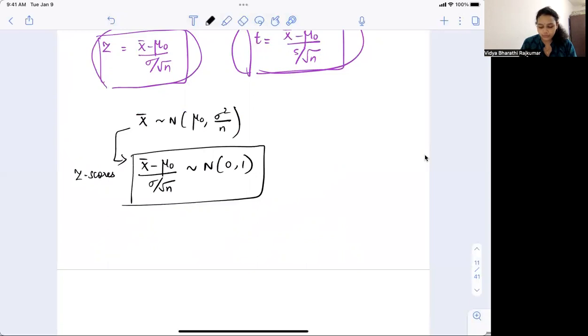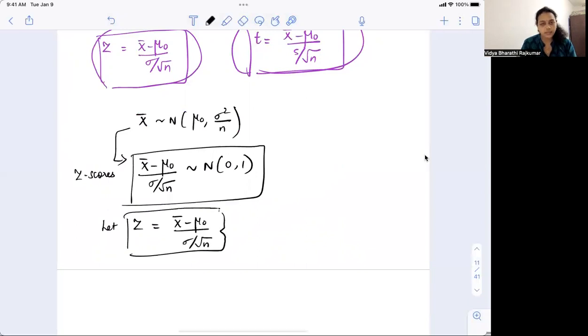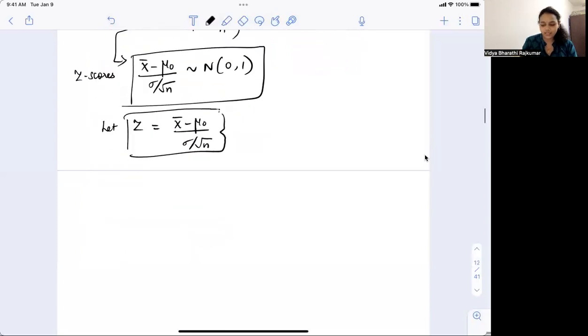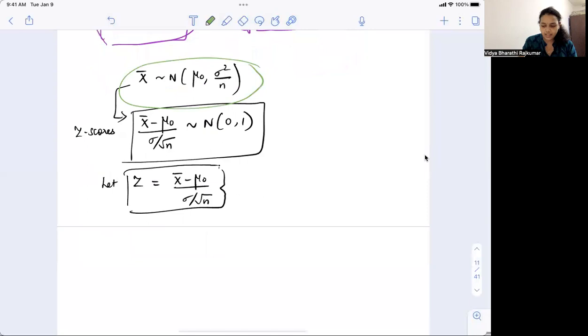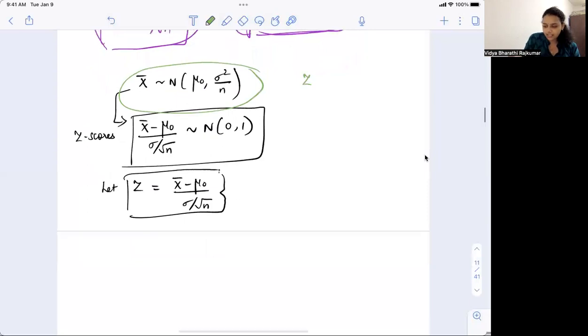Now, all I have to do is just say that let z be defined as x bar minus mu naught by sigma by root n. And once I define it this way, saying this and saying that z follows the standard normal distribution become equivalent.